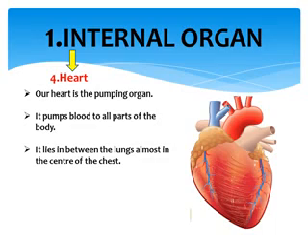So where is it present? Our heart is present in between the lungs, almost in the center of the chest. The chest is called the thorax, also called the rib cage.